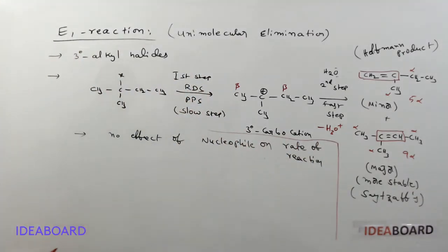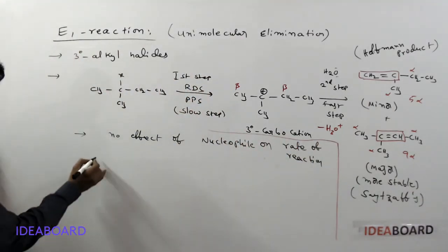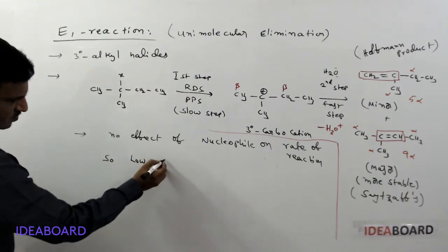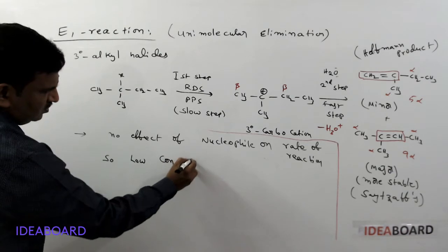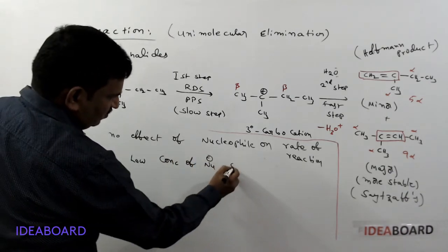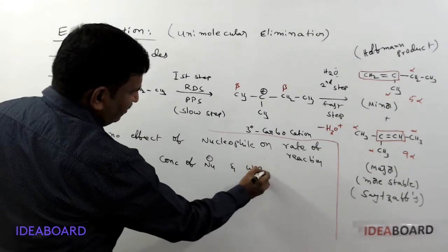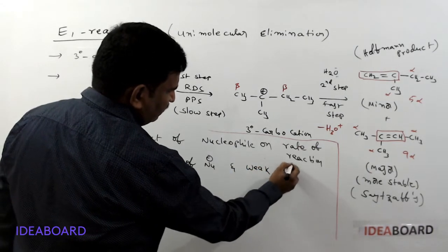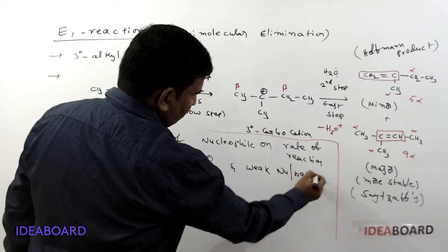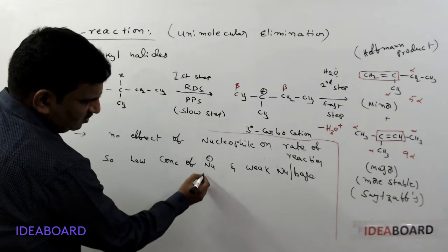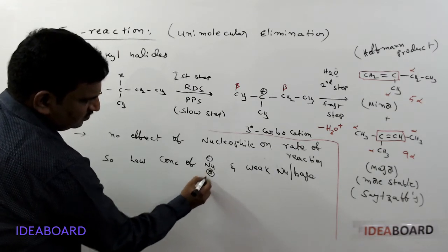Whenever the nucleophile effect is not present, we have a low concentration of nucleophile and a weak nucleophile, or we can write this as a weak base or weak nucleophile. Here, low concentration of nucleophile or base.